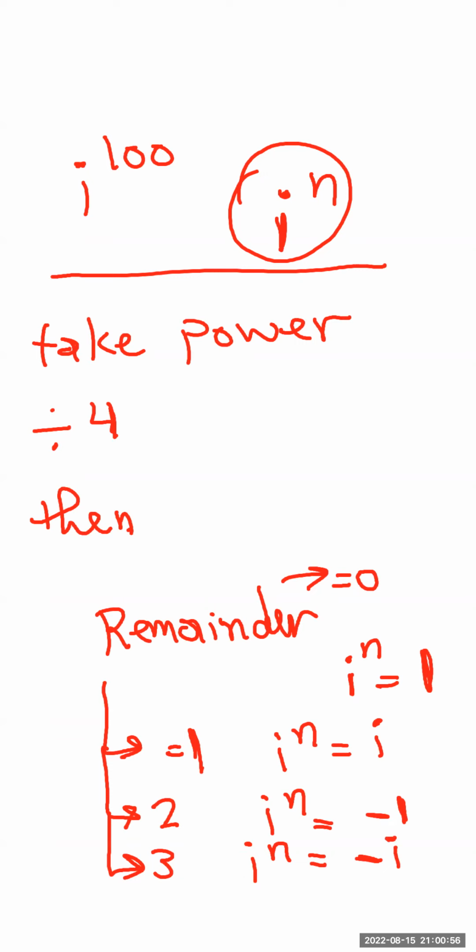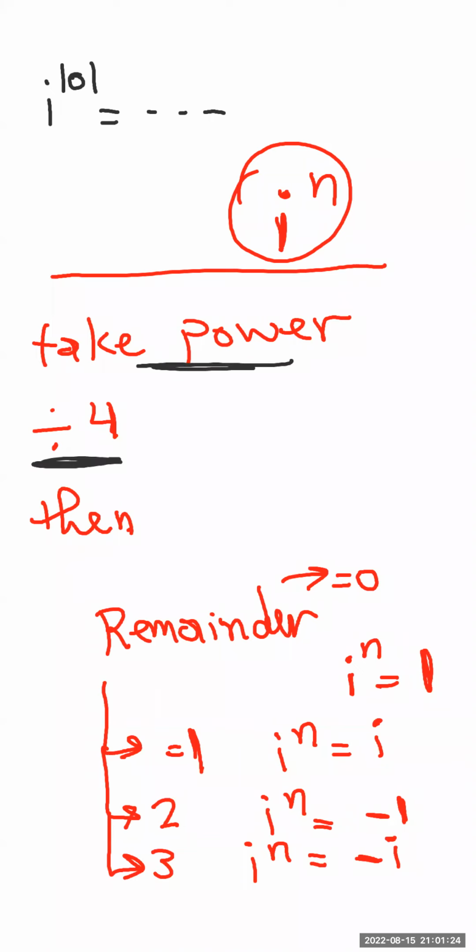So it will make it very easy to get the value of any imaginary number. For example, if I want to get the value of i to the power 101, i to the power 101 equals dots. Now you told us, Mister, that we have to divide the power by 4.